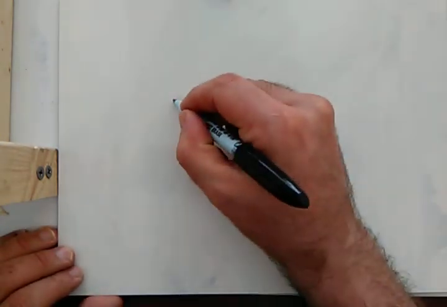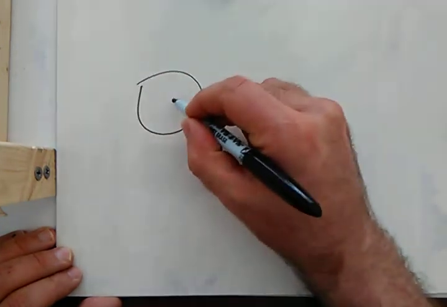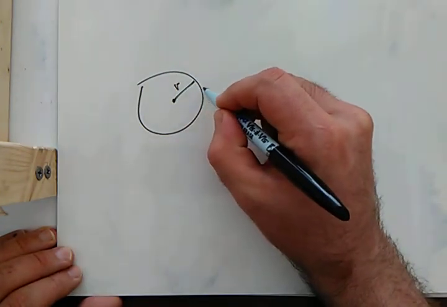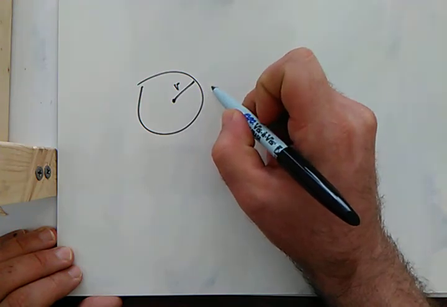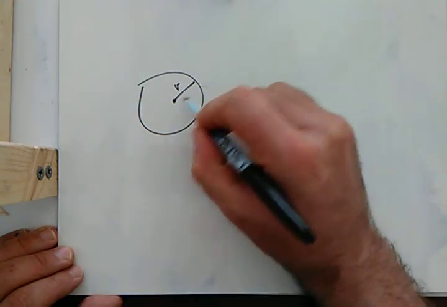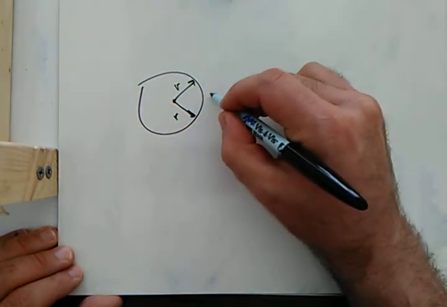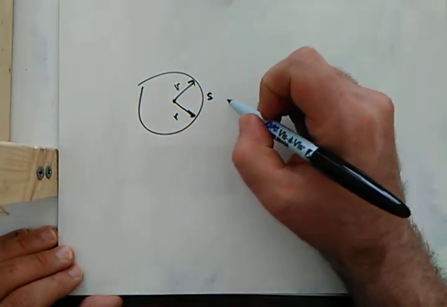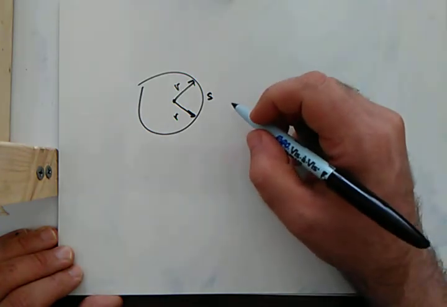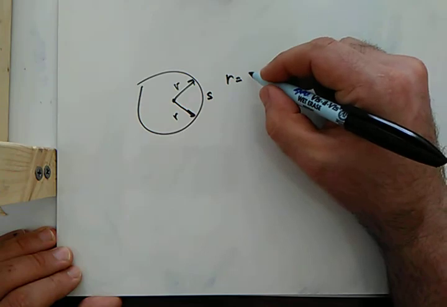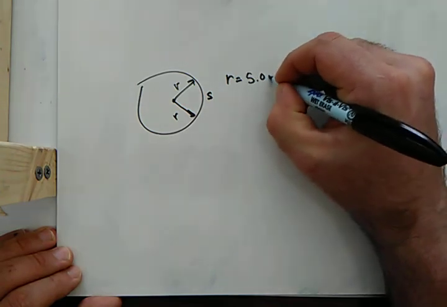I've got a situation for you. You've got a circle. We'll draw the radius here, and then I'll give you an arc length. This is radius. I'll give you an arc length swept of S. And so I'm going to give you the radius of this circle, R, is 5 meters.